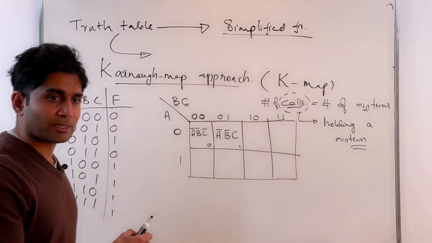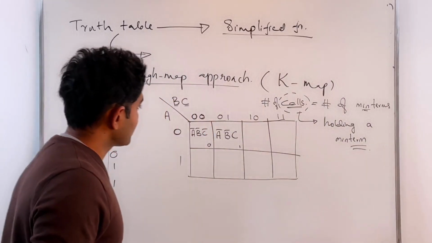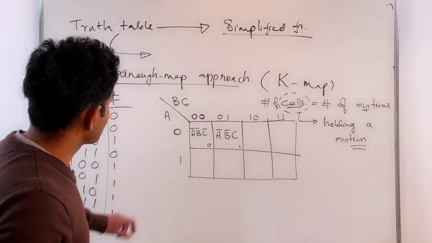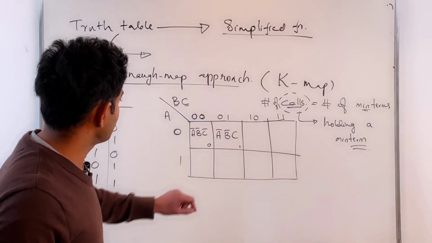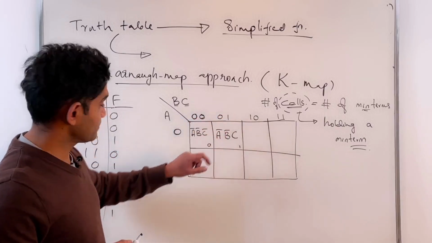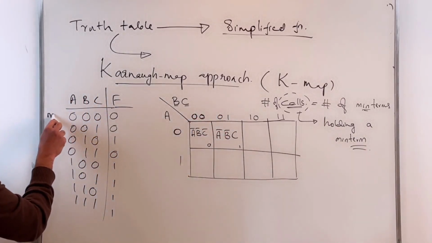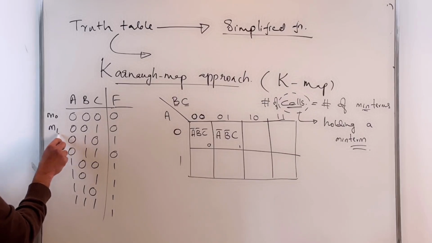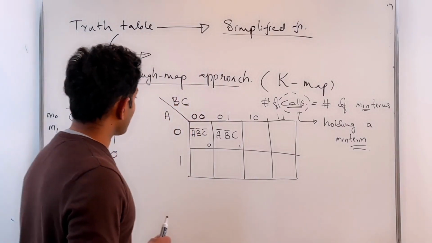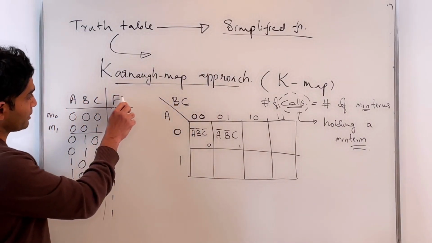And likewise, 0, 0, 0 is 0, 0, 0, 1 is 1. That's M0, M1. Oh, okay, I know what you're saying. You're talking about the function. You mean this function? Okay.